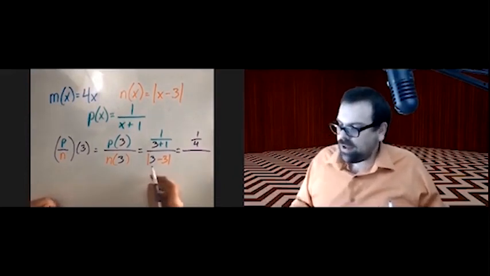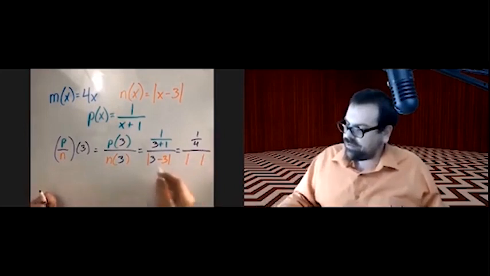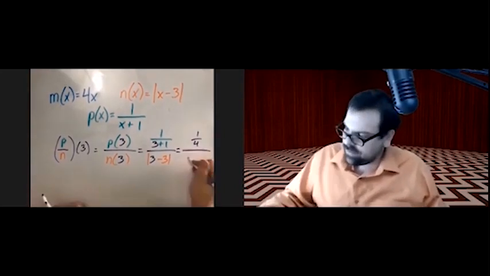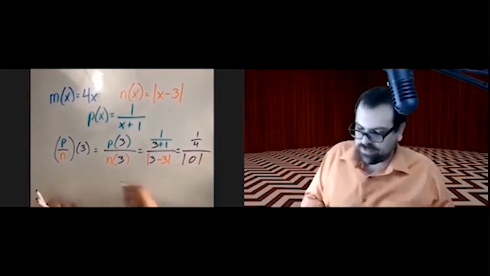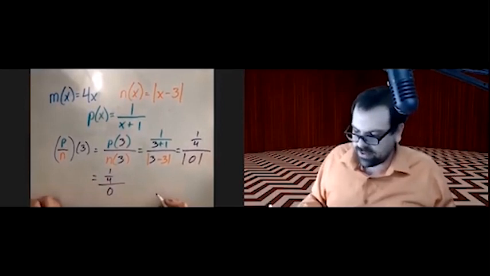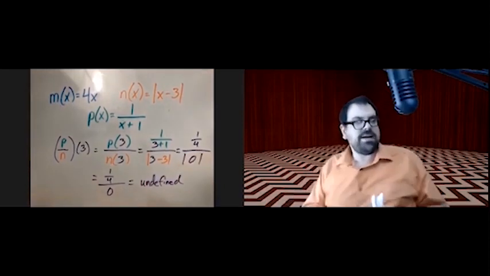Top's 1/4. The bottom would be the absolute value of 3 minus 3, the absolute value of 0. So 1/4 divided by 0 is undefined because we can't divide by 0.